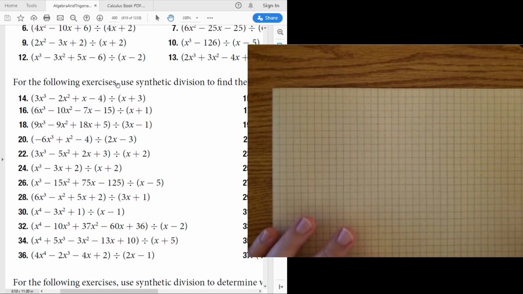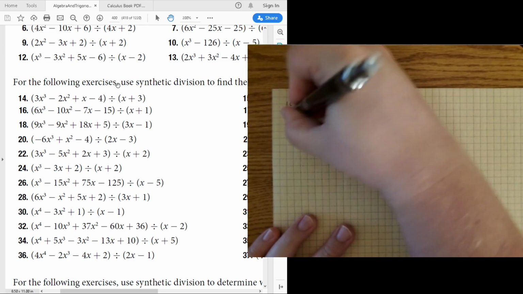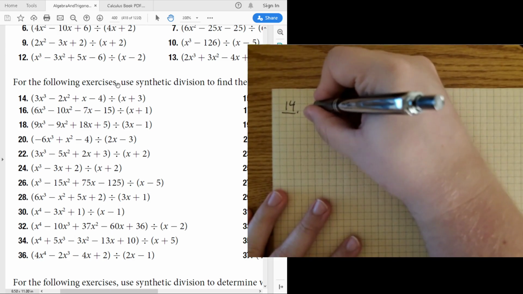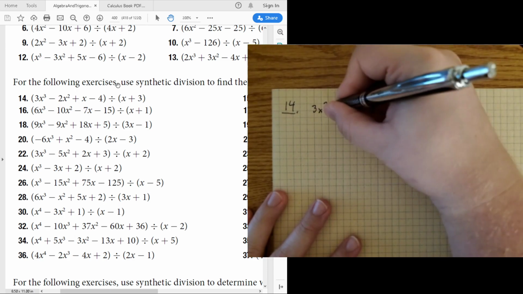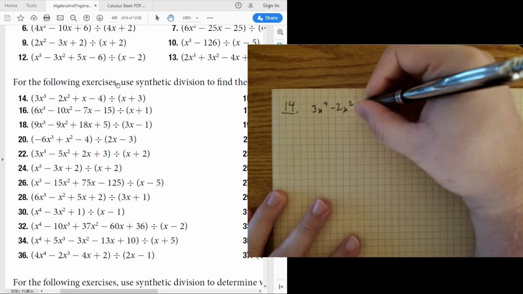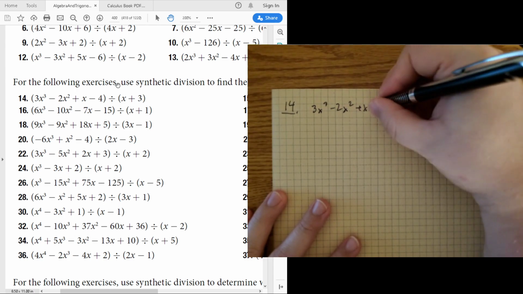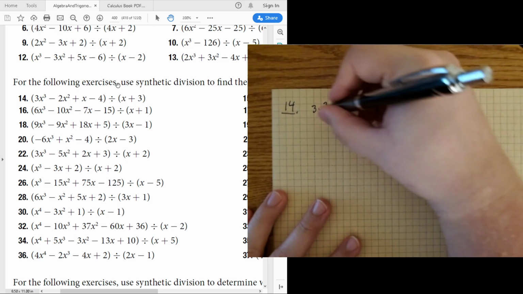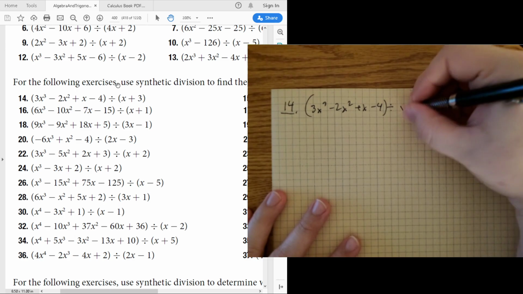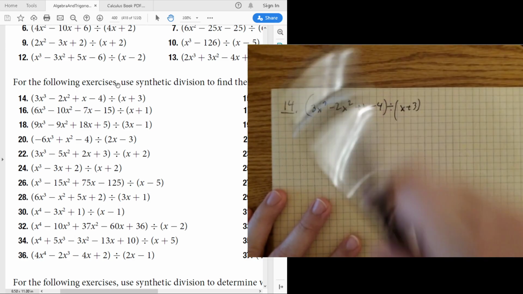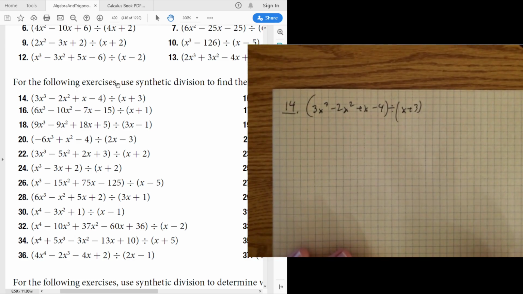So, let's look at 14. On 14, my problem is 3x cubed minus 2x squared plus x minus 4 divided by x plus 3. Big first step in synthetic division is making sure to write it correctly.